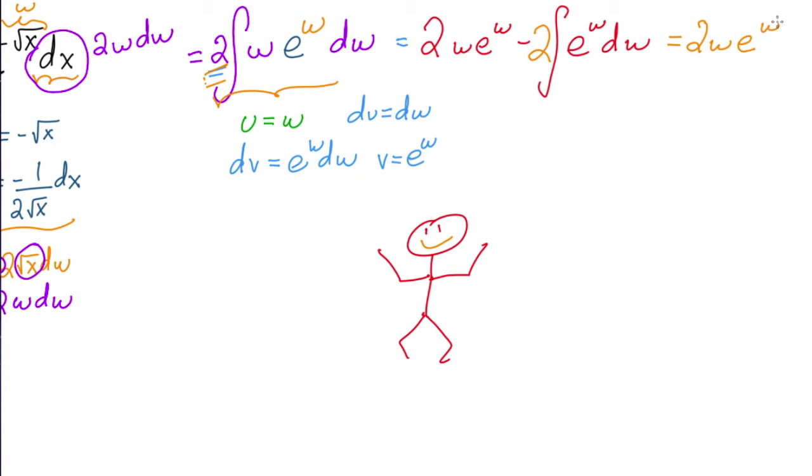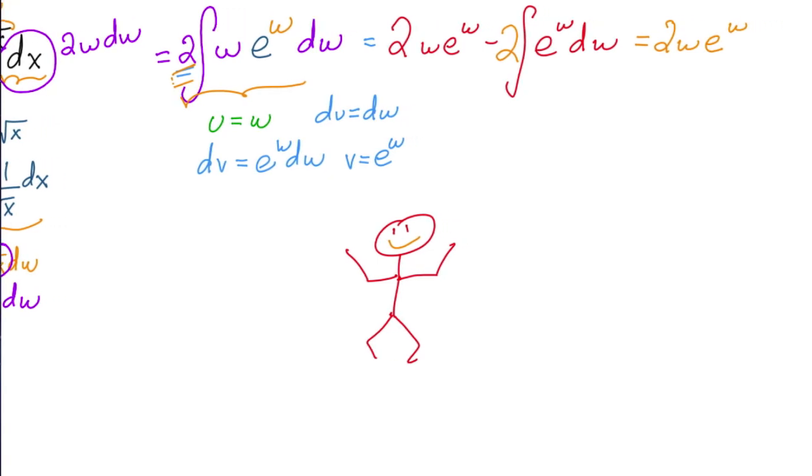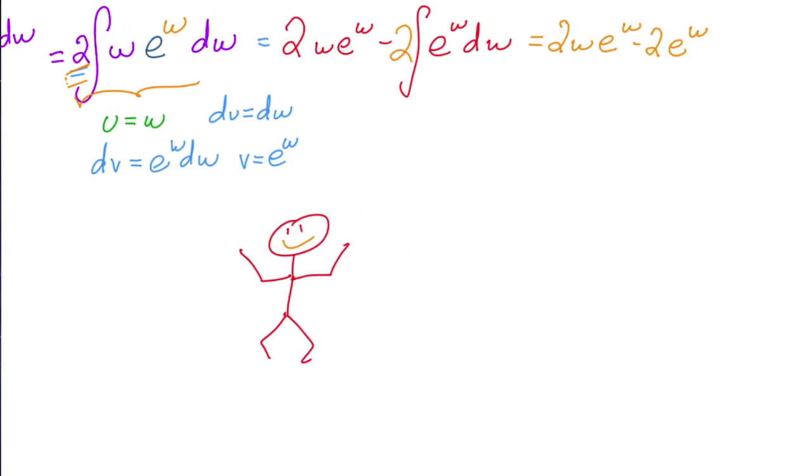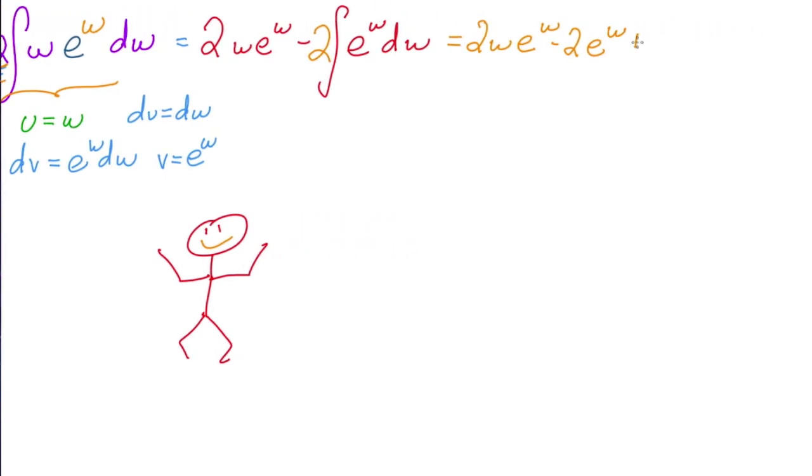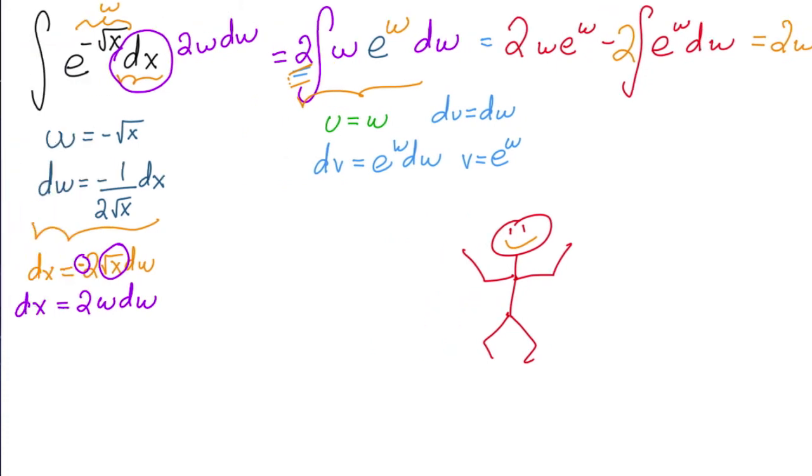All right, so then what I get is this is equal to 2w e to the w minus 2 e to the w. And last but not least, I can substitute back in what w is. Don't forget your plus c. So remember w is equal to negative root x, right?